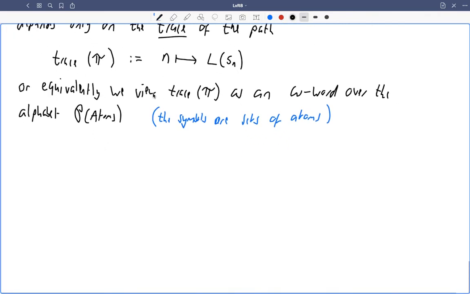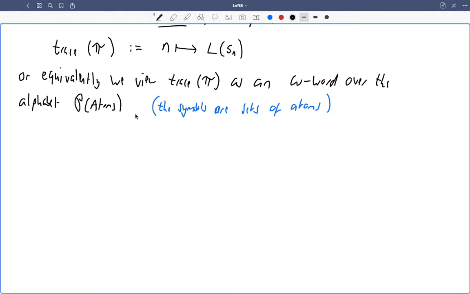And so we can view it as an omega word because the first symbol is L of S1, the second symbol is L of S2, the third symbol is L of S3, the fourth symbol is L of S4, the fifth symbol is L of S5, and so on.